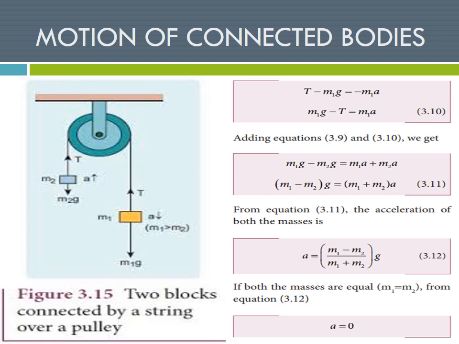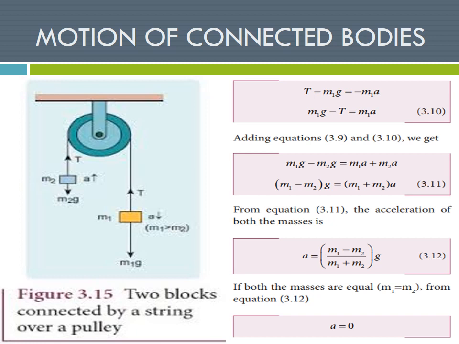So, now we are going to apply Newton's second law for mass m2. Okay. So, what happened? Tension T j minus m2 g, the gravitational force, equal to m2 a j.